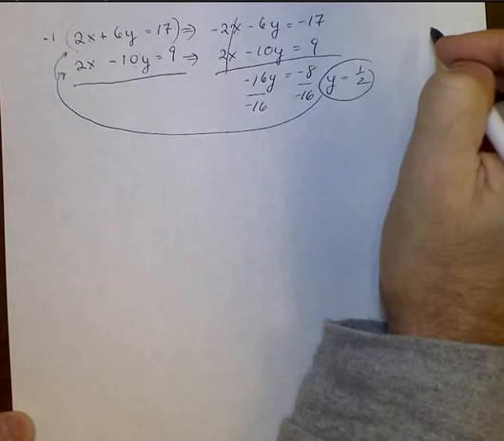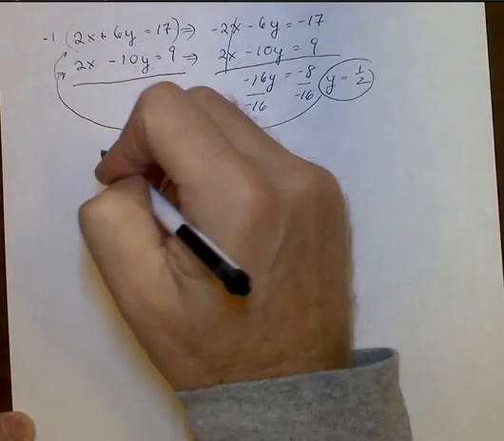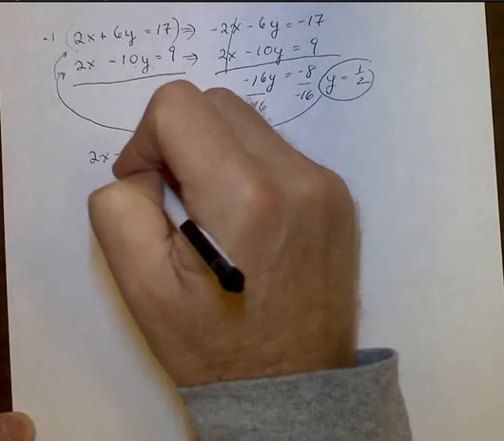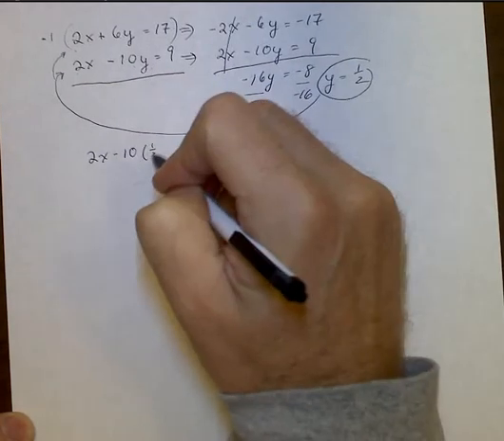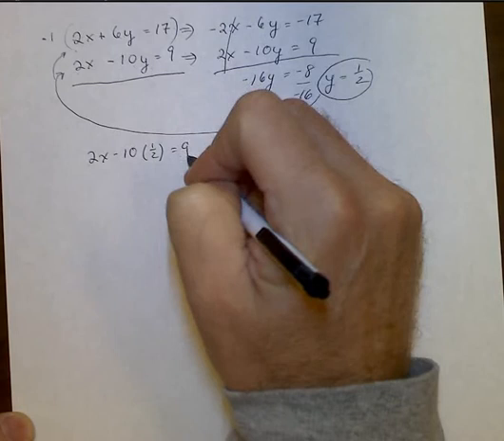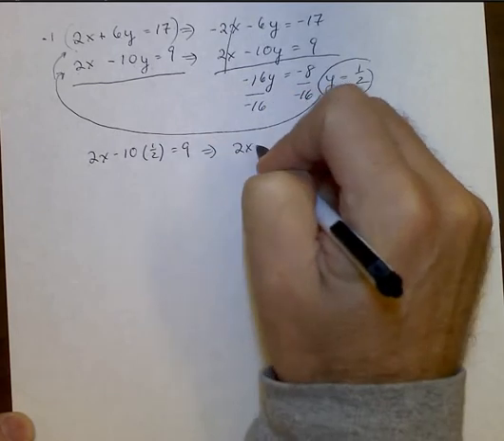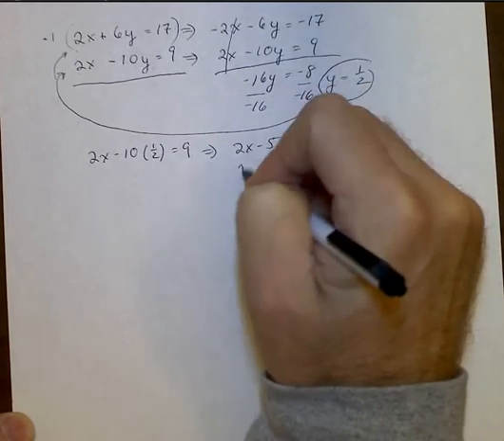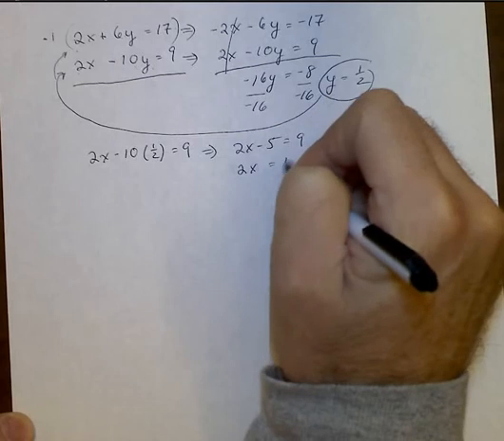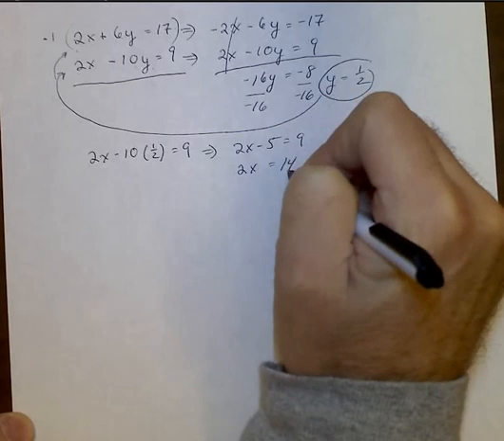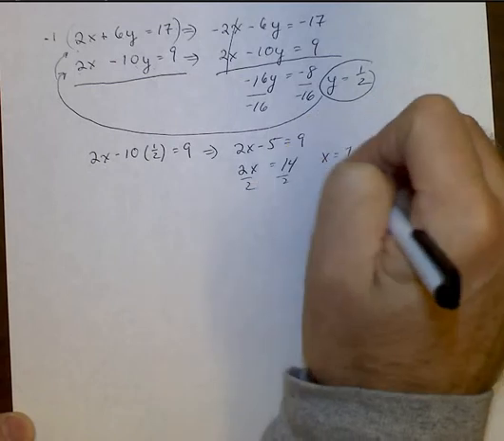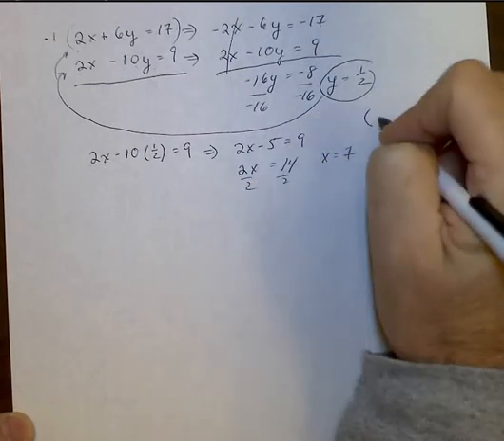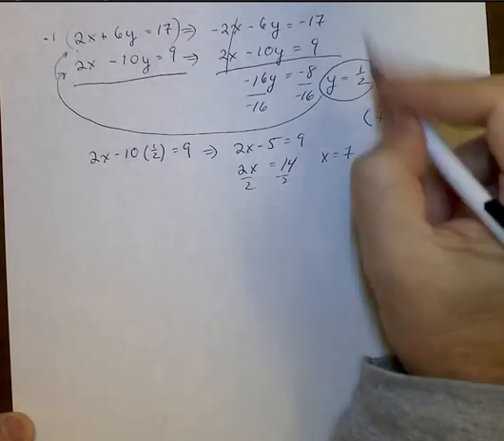I'll pick the second one. So 2x minus 10, but I'm not going to write y, because I've solved for y. So why not just plug that in for y? I get 2x minus 5 equals 9, 2x equals 14, and I divide by 2, and I get x equals 7. So for this problem, these two lines intersect at 7, 1/2.